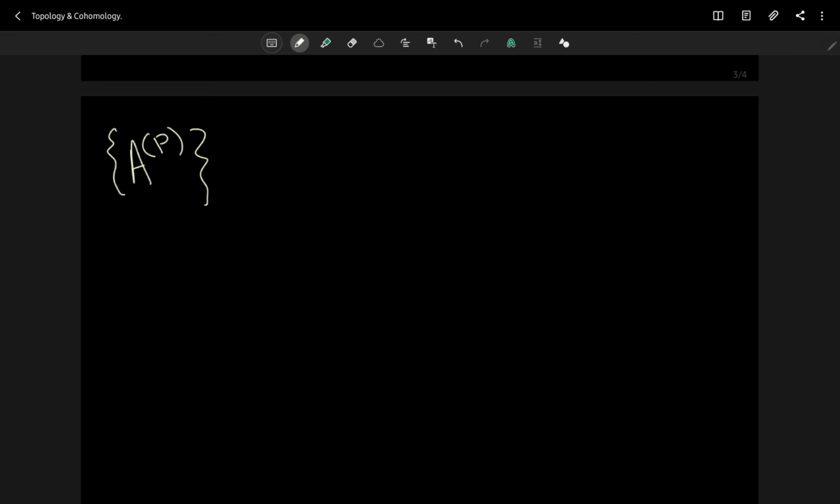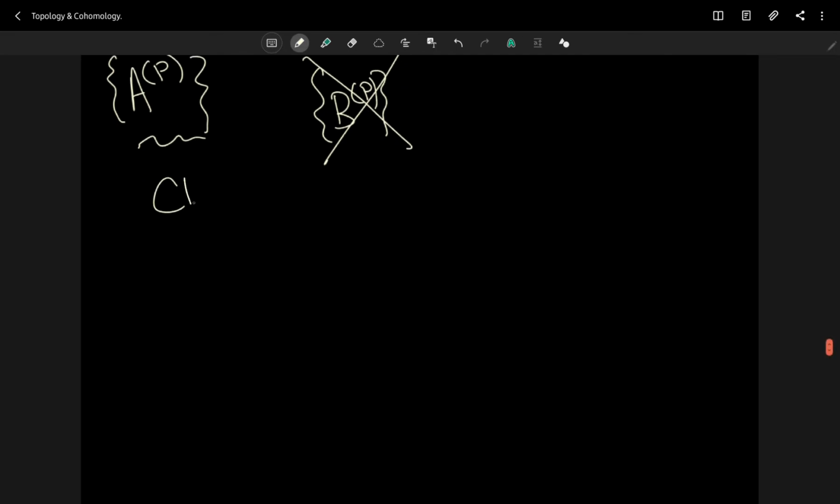which are not in the set b of p. We are going to be looking at the forms that are on this set here, but they're not in this exact set. That is the set of closed but not exact forms.